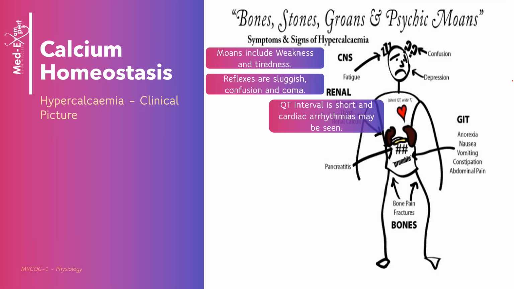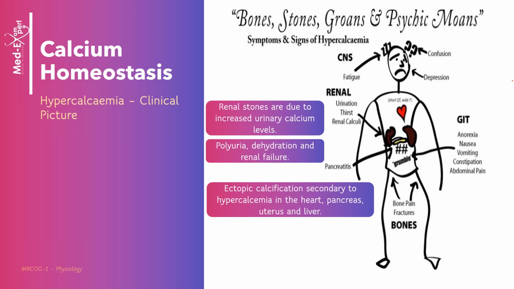Regarding the cardiovascular system, we have short QT interval in the ECG, and fatal cardiac arrhythmias may be seen. Also, renal stones can occur due to increased urinary calcium levels, polyuria, dehydration, and renal failure, ectopic calcification secondary to hypercalcemia in the heart, pancreas, uterus, and the liver.